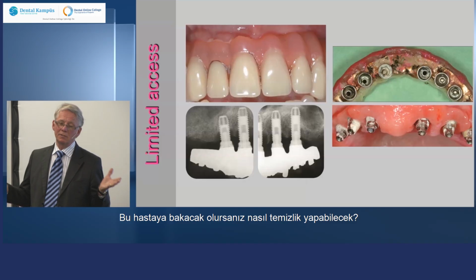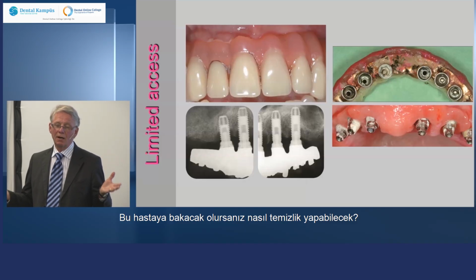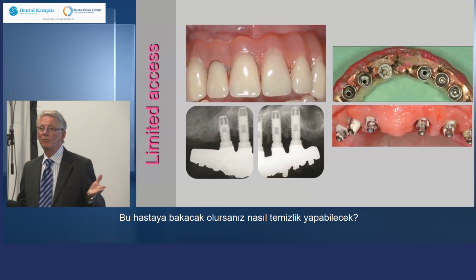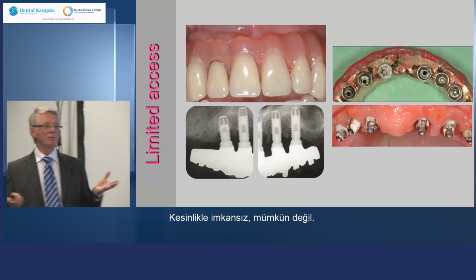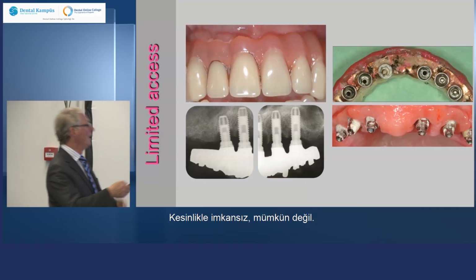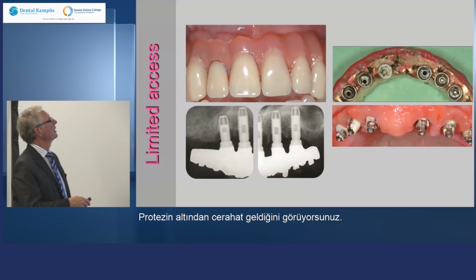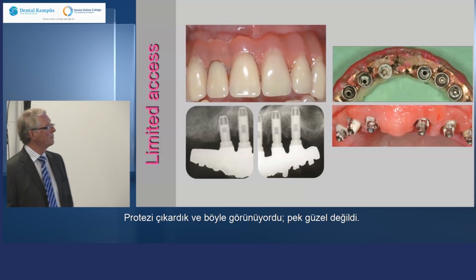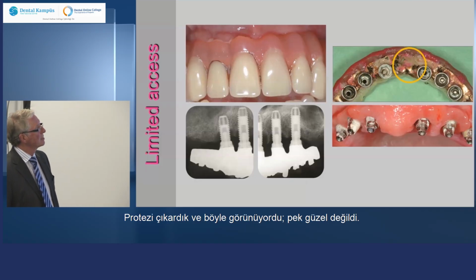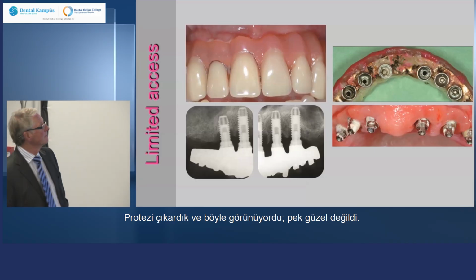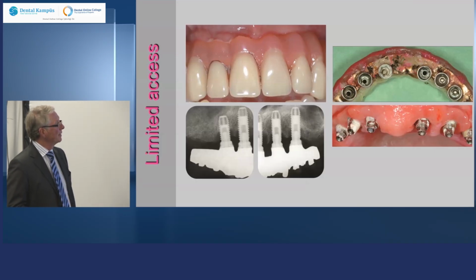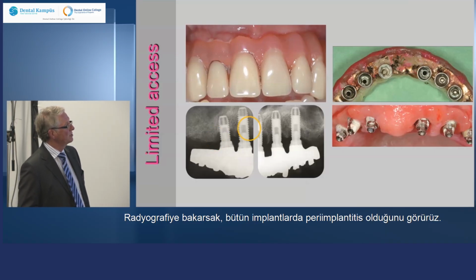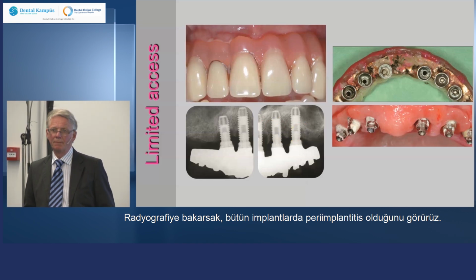And if you look at this patient, how should he be able to clean? It is absolutely impossible. There is no way. And you can also see pus coming up here from underneath the prosthesis. We remove the prosthesis, and it looks like that, not very nice. Then, if we look at the radiographs, you see there is periimplantitis on all implants in the upper.